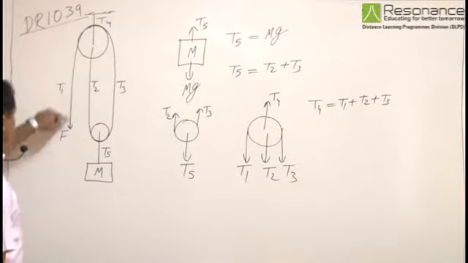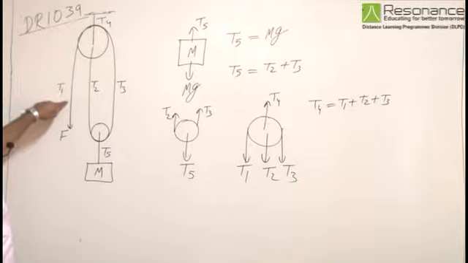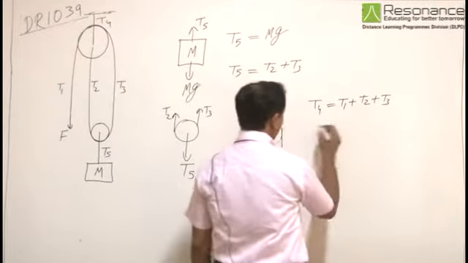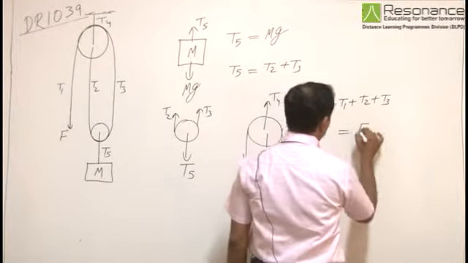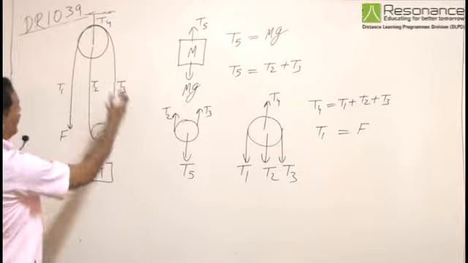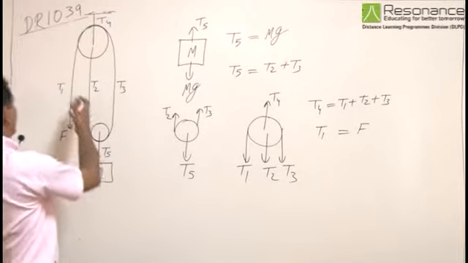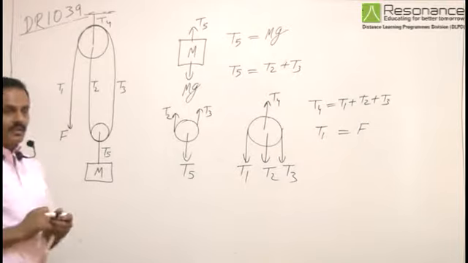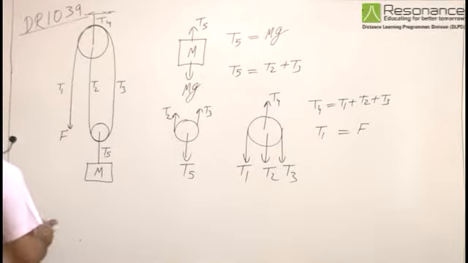Now as F is the force on this particular string, F is equal to T1. So we also have T1 is equal to F. As the strings are massless and frictionless, in a particular string, tension will be the same everywhere.